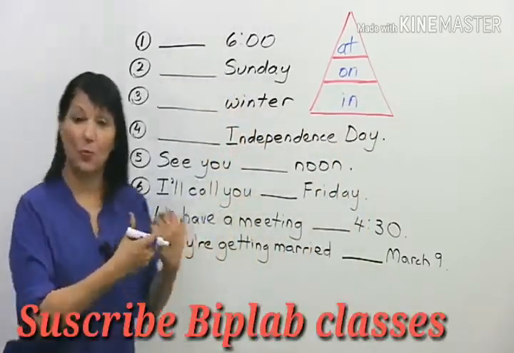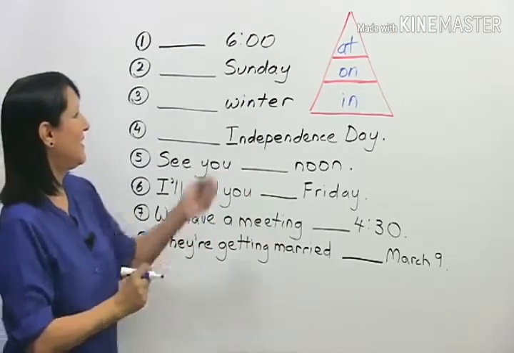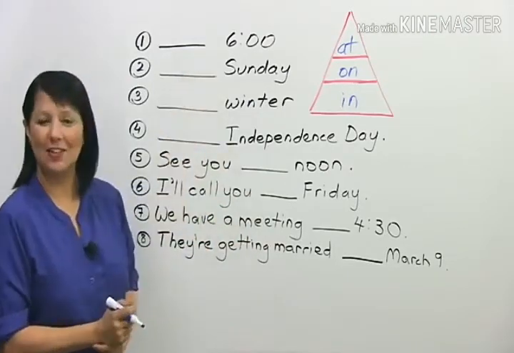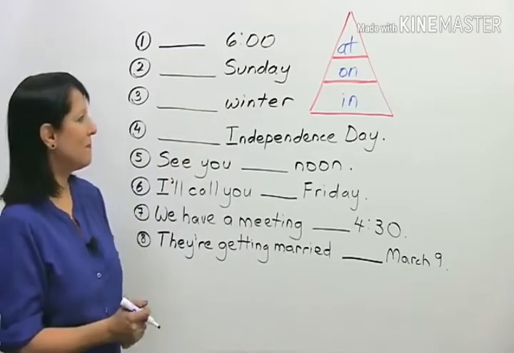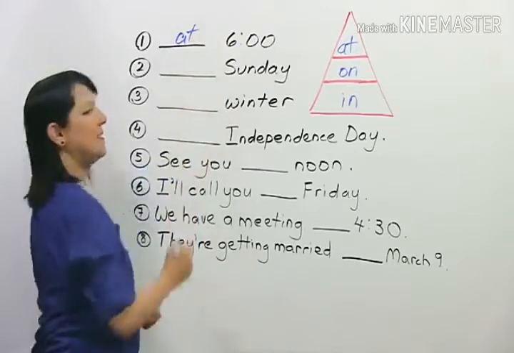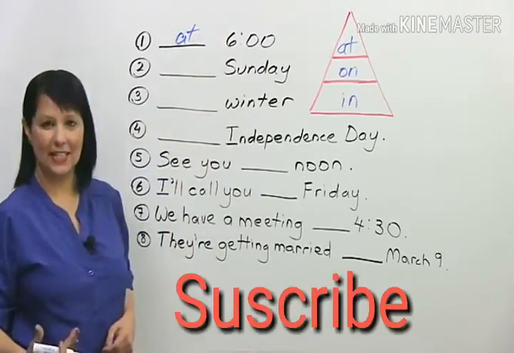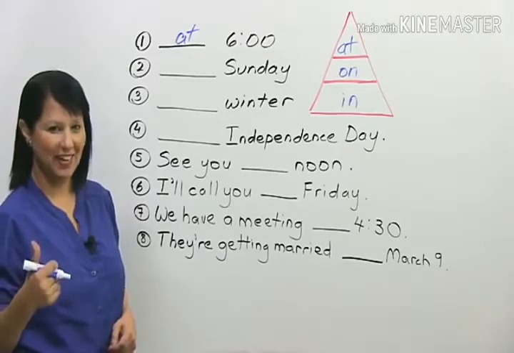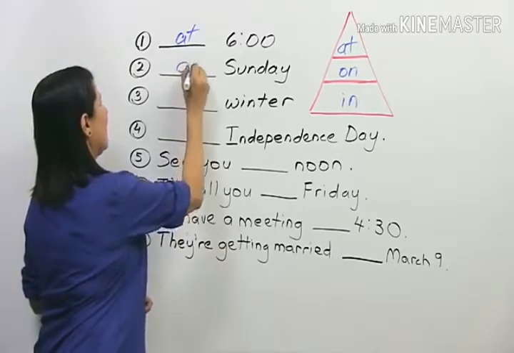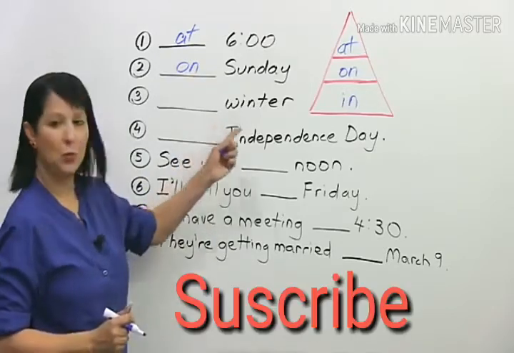Now let's apply what we've learned, because otherwise there's no point. So let's do it. So blank 6 o'clock. What do we say? Do you remember? At 6 o'clock. Excellent. Blank Sunday. One day, right? On Sunday. Very good. Blank winter.